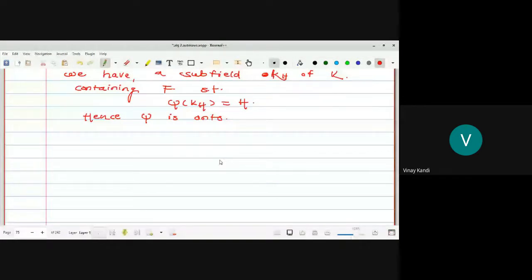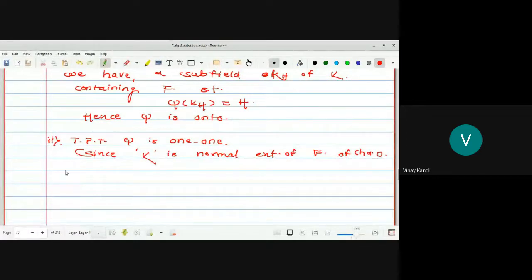Okay, now we have to prove that psi is 1-1. Second, to prove that psi is 1-1. Okay, since capital K is a normal extension of capital F of characteristic 0, therefore this capital K is what?